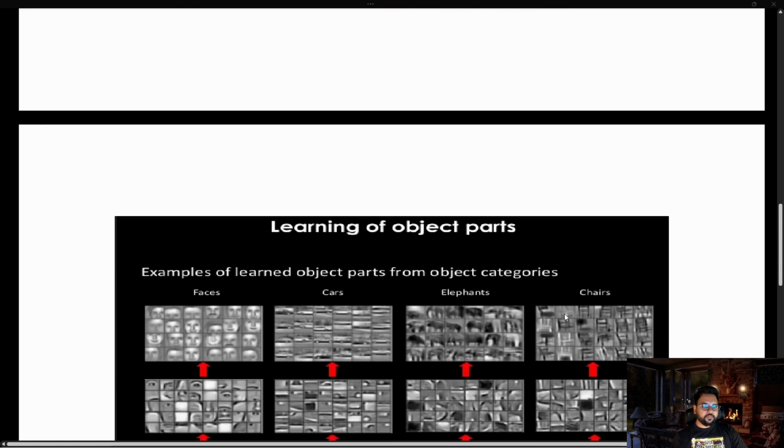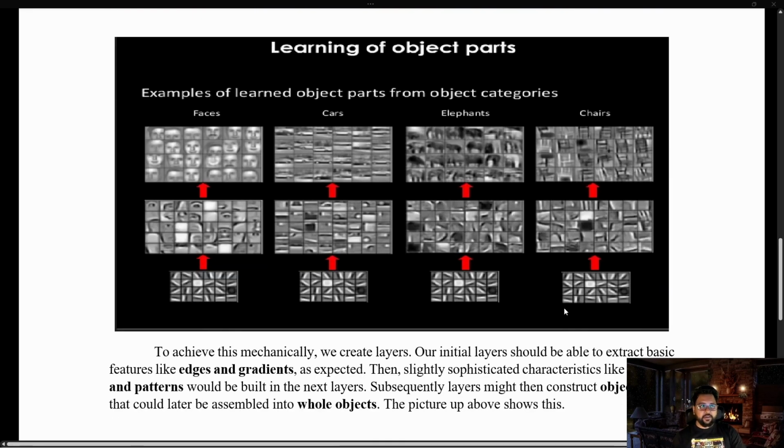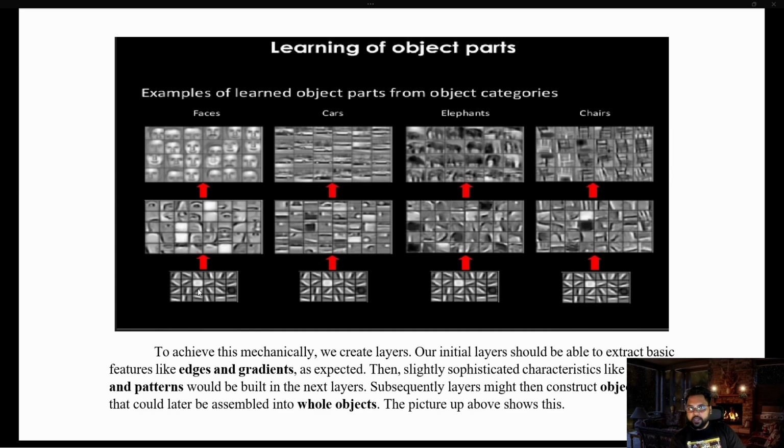So in other words, if you look at this left example over here, to do face detection, in the very first blocks of layers we are trying to find out edges and gradients of an image, right?